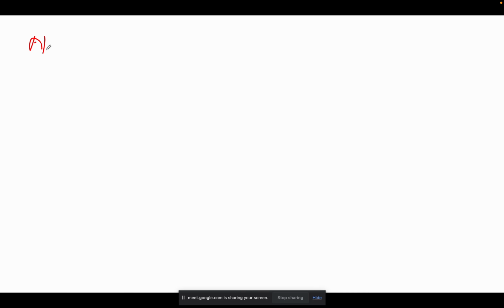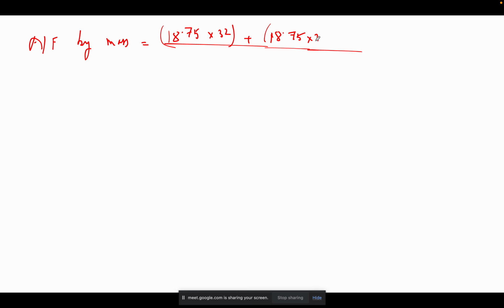similarly, air fuel ratio by mass is what? 18.75 into 32 plus 18.75 into 3.76 into 28. Okay, divided by 8 into 12 plus 18 into 1.